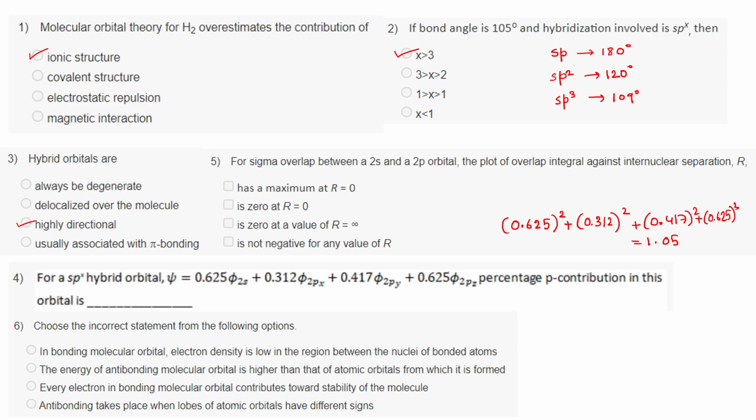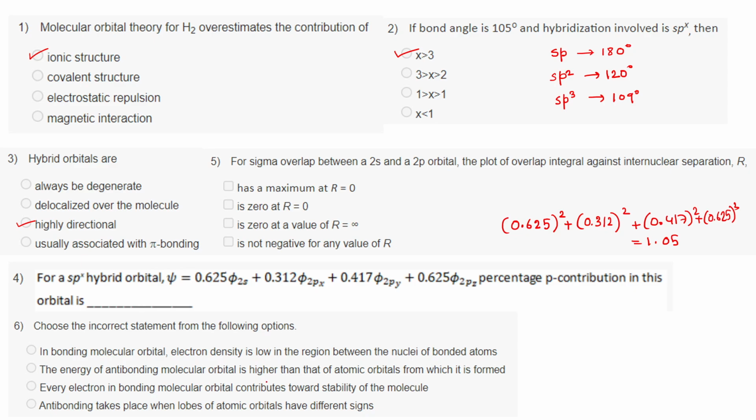So percentage of P contribution. What you can do is take the addition of all of this and take a square of it, or you can subtract it from 1. What I'm trying to say, if you take 1 minus 0.625 square, it is leading to 61%.